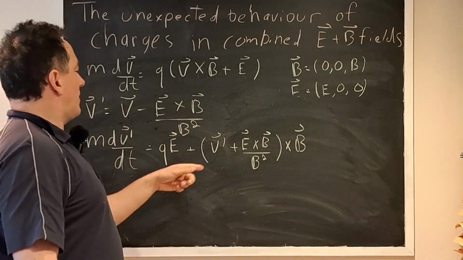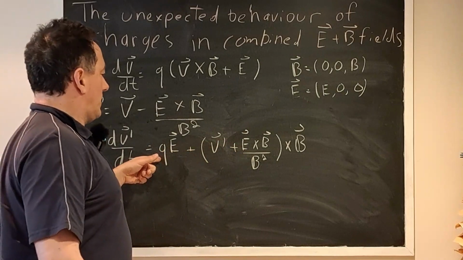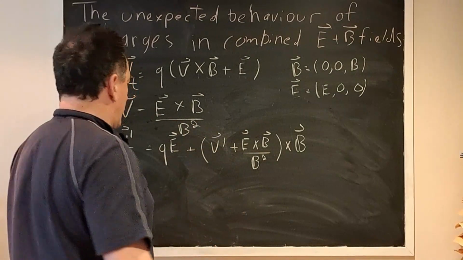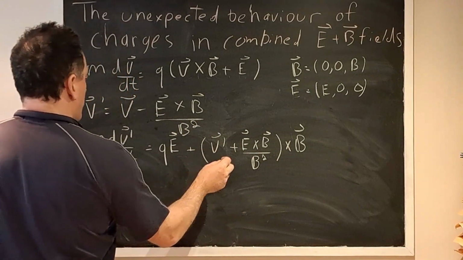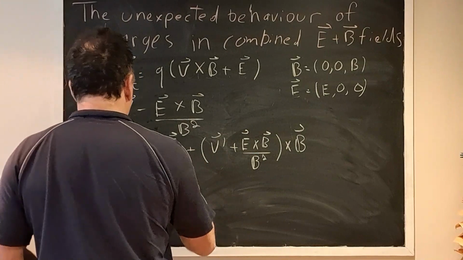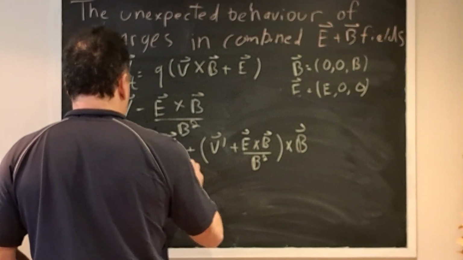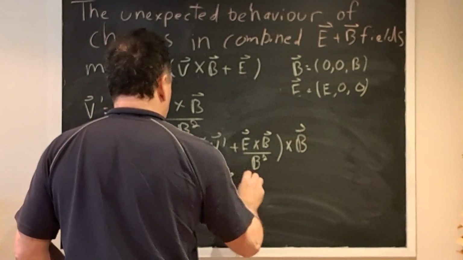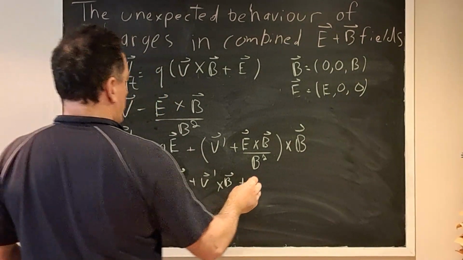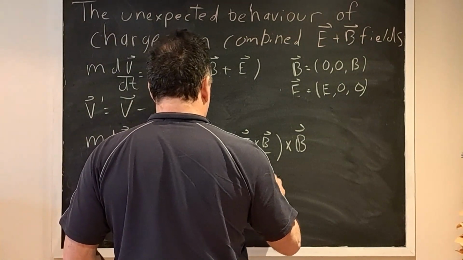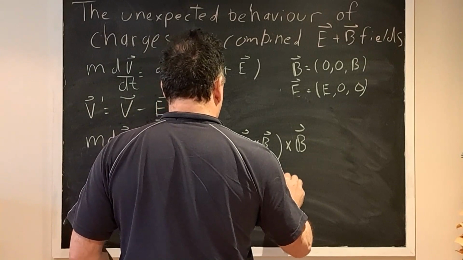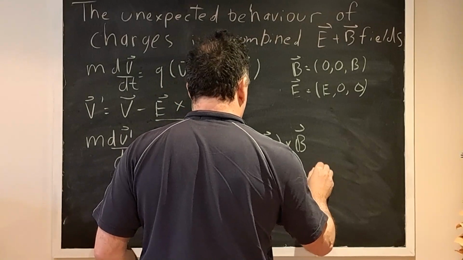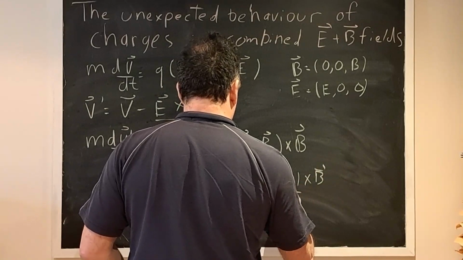It's because we will get rid of the qE term here, and we will get back to a movement in a uniform magnetic field. So if we do that, we will get qE plus q v prime cross B plus, now it's going to be a term with q E cross B cross B over B squared.